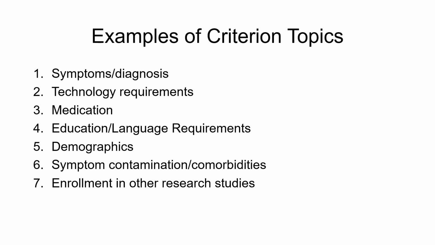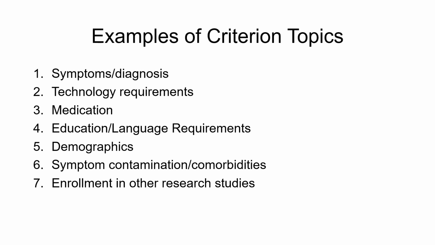Education and language requirements. Consider the level of education needed to participate in the study, especially if it is a cognitive study, or if you are only able to collect data with surveys in English. Demographics like age, ethnicity, socioeconomic status, you have to specify.